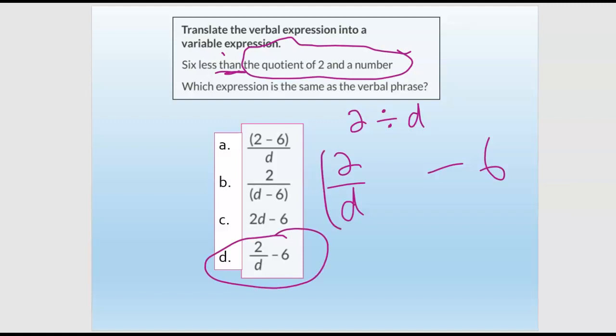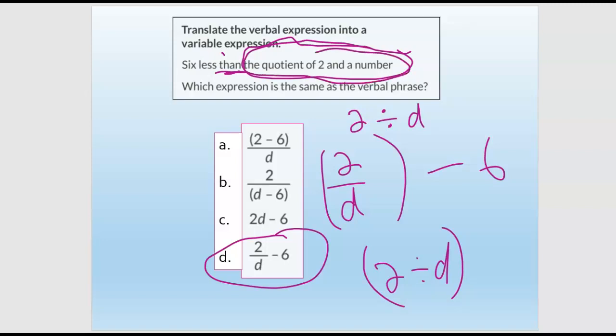You don't need the parentheses, but you could put parentheses around that. If you use 2 divided by D, it would definitely look better to keep the parentheses. I like to think that that's sort of a whole separate thing in this sentence. The quotient of 2 in a number, 6 less than that.